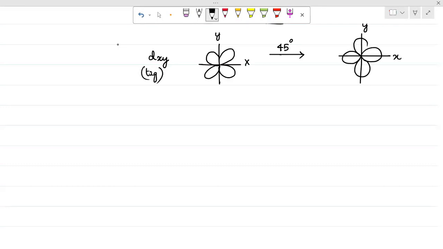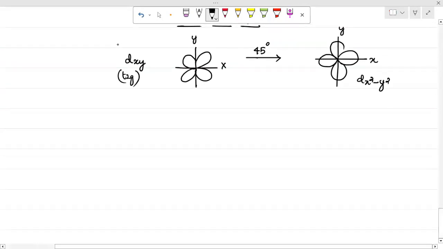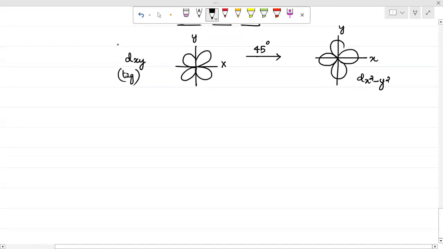Now, after rotation, this has become dx squared y squared. Correct? So 45-degree rotation of dxy, which is one of the members of the T2G, has now been converted to dx square y square. So your orbital conversion has happened. So if there is some sort of orbital conversion, that will lead to orbital magnetic moment as well.